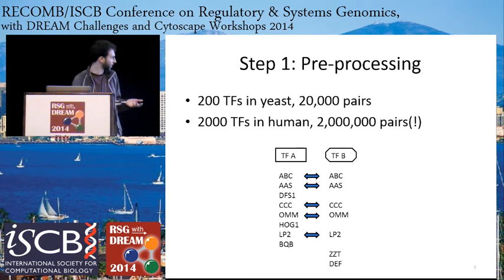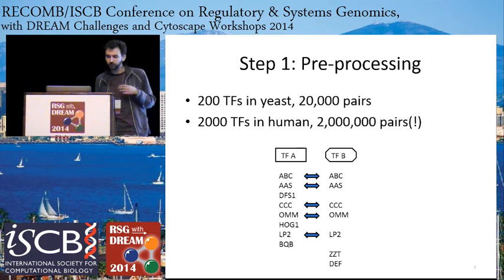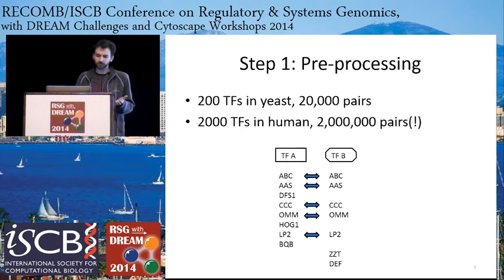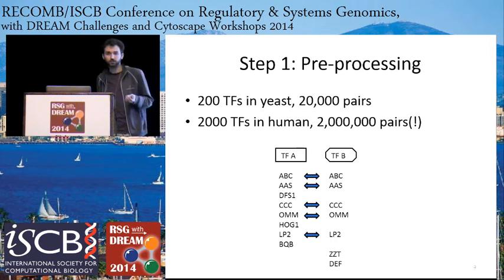And so the way we do this, imagine you have two transcription factors, again, A and B. We perform a simple statistical test where we look for the over-enrichment of genes in the overlap of these two transcription factors. So again, we have a list of all the genes regulated by A. We have a list of all the genes regulated by B. And if the number of genes which they regulate in common seems to be statistically significantly large, then we say, OK, this is a potentially interesting pair.